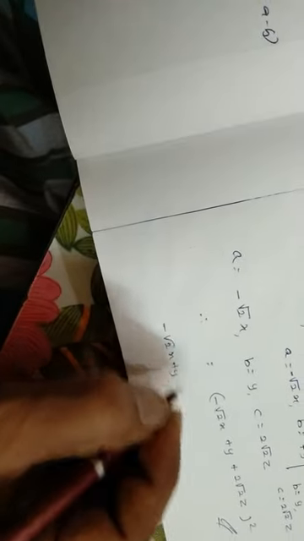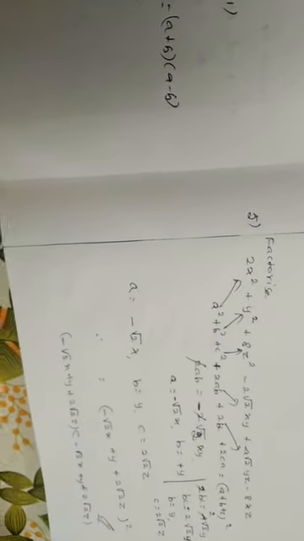So we can write this as a plus b plus c the whole square. Therefore this expression equals a value minus root 2x plus b value y plus c value 2 root 2 z, the whole square. So this is the identity, that is this product into the same product: minus root 2 x plus y plus 2 root 2 z into minus root 2 x plus y plus 2 root 2 z. This is the product. Okay, thank you.